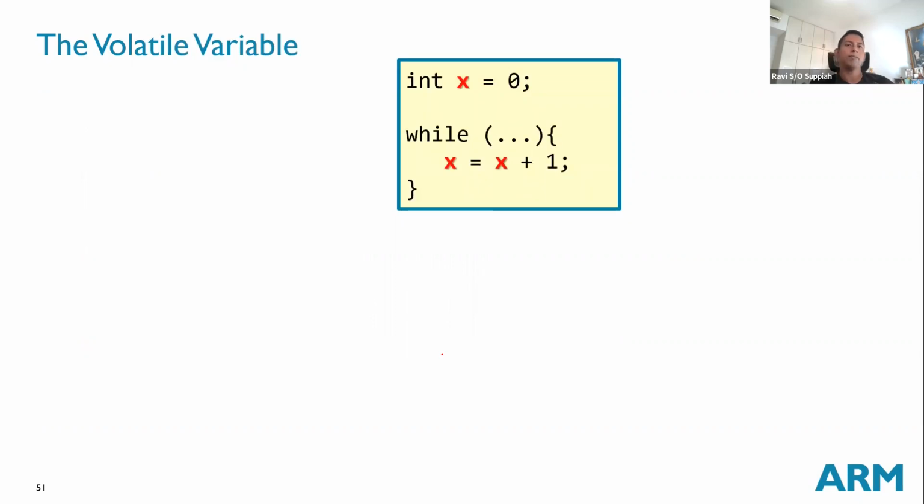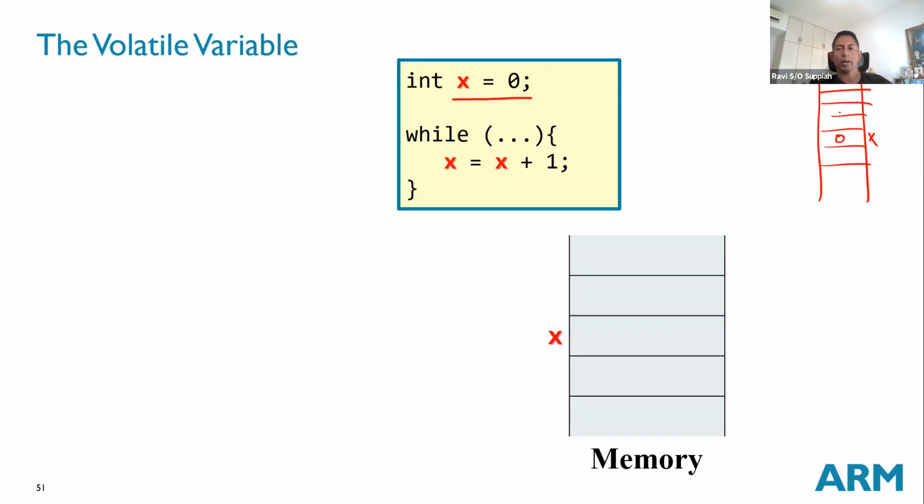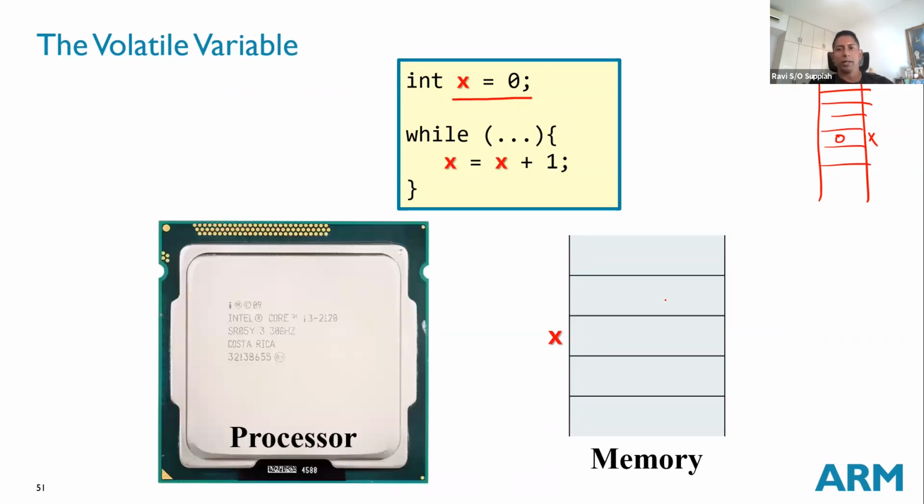So when you declare a variable normally, when I look at this integer x equals 0, I declare this variable. This statement tells me that somewhere in memory there will be a variable called x, and I declare and initialize it to 0. Now when I execute this statement, x equals x plus 1, what happens?